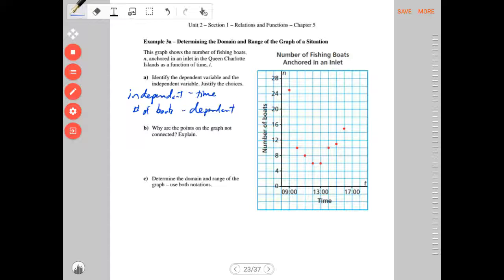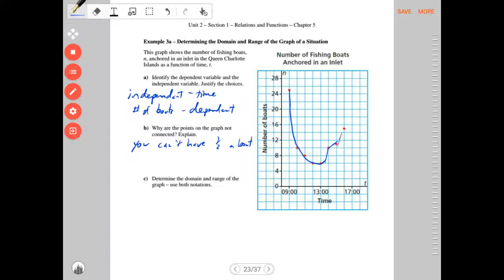Okay, so why are the points on the graph not connected? Well, you can't have half a boat. If I connected these dots, now it makes sense to have time connected.